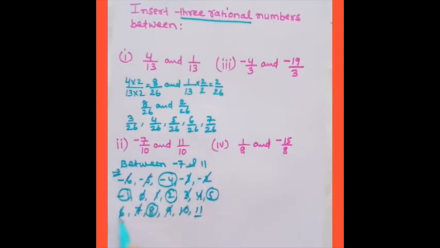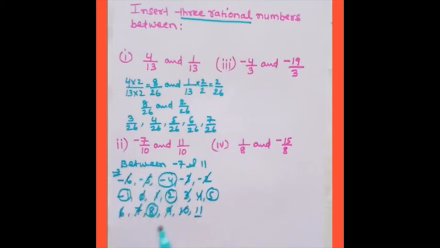That means if you want to take numbers at equal distance, you can have minus 4 by 10, minus 1 by 10, 2 by 10, 5 by 10, 8 by 10. You can get 5 rational numbers like this, and among them you can choose any 3. Minus 1 by 10, 2 by 10 and 5 by 10 are also 3 rational numbers between minus 7 by 10 and 11 by 10.